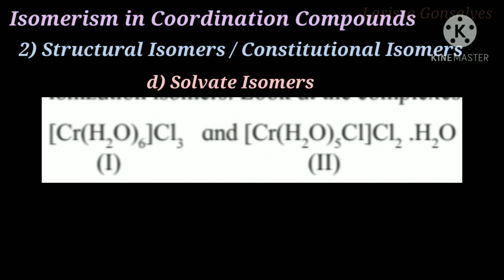So in the first compound, the solvent water is directly bonded to the central metal ion, chromium, whereas in the second compound, H2O appears as a free solvent molecule, the one present outside the coordination sphere. The 5 H2O ligands, the aqua ligands present inside, are attached to the central metal ion. However, the H2O outside the coordination sphere acts as a free solvent molecule.